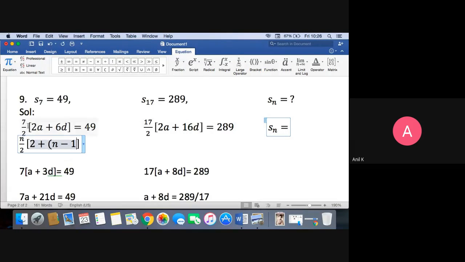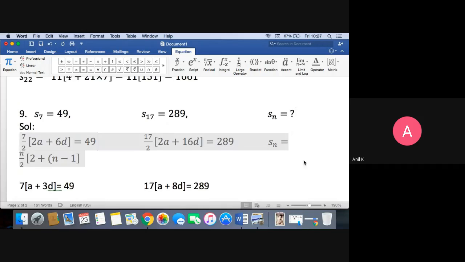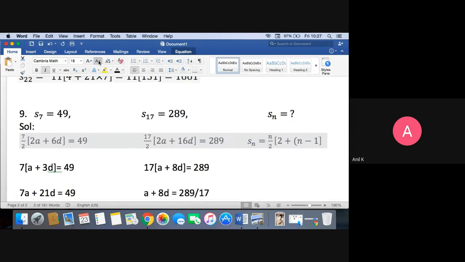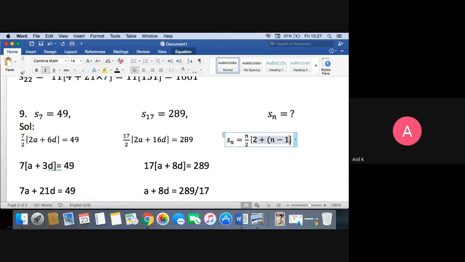This font size I have to decrease, just give me a few seconds. Yeah. n minus 1 into D value is again 1 only.